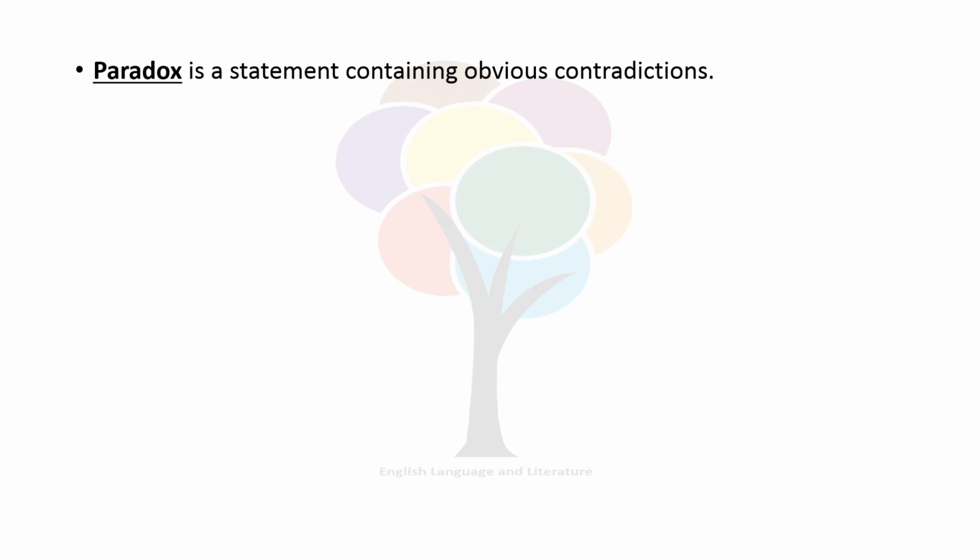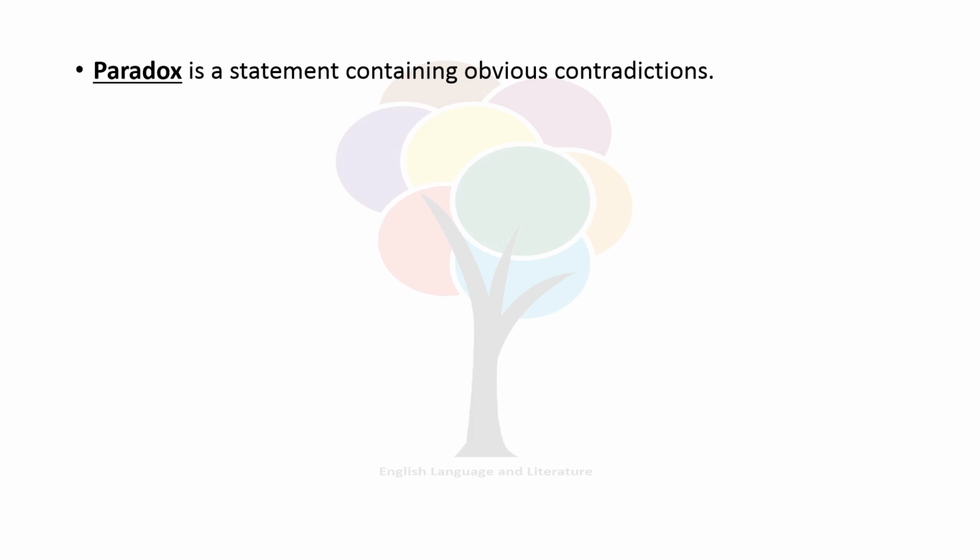Paradox. Paradox is a statement containing obvious contradictions. You should have a clear distinction between paradox and oxymoron. Oxymoron is a figure of speech, whereas paradox is a statement. A figure of speech is a word or phrase which is used in a non-literal sense for poetic or rhetorical effect.